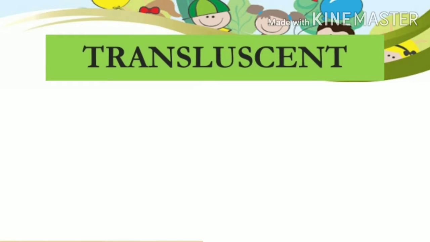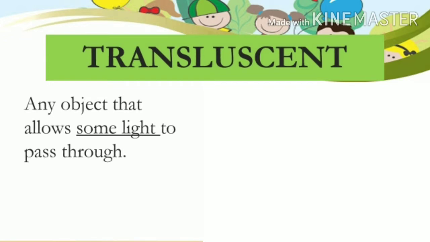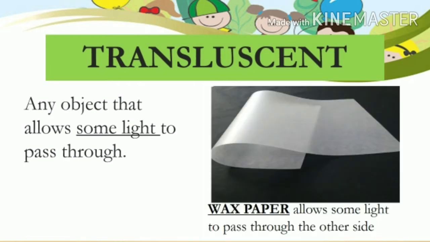Another property of matter is translucent. What is translucent? Translucent are any object that allows some light to pass through. Let us take, for example, this wax paper. Wax paper allows some light to pass through the other side.